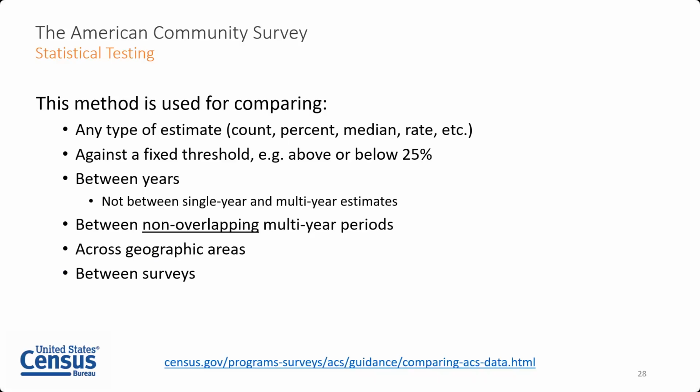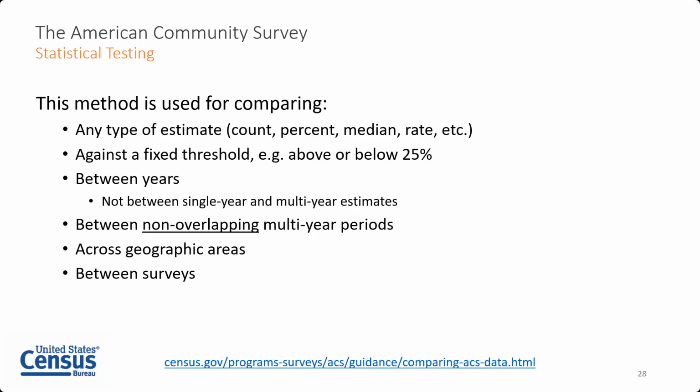It can also be used to compare an estimate against a fixed threshold. So for example, to test if the estimate is above 25%, and in this comparison, the MOE of the threshold is always 0.